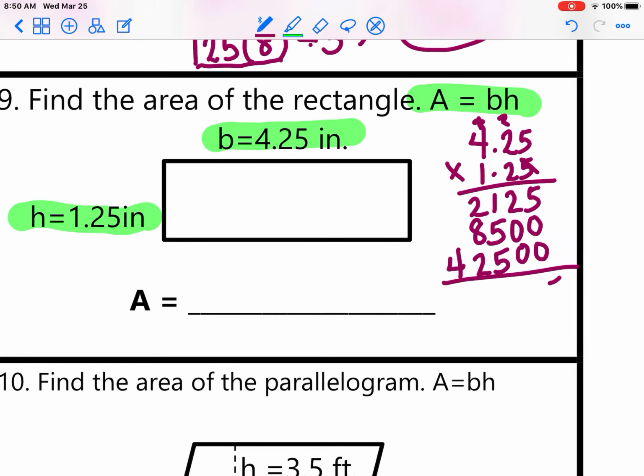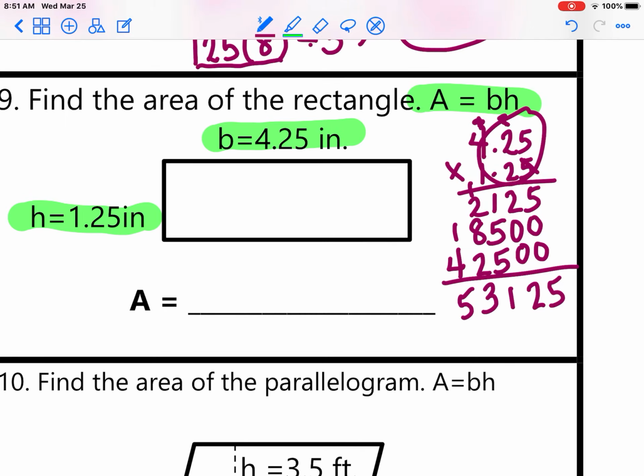All right, so we got 5 plus 0 plus 0, that's 5. 2 plus 0 plus 0, that's 2. 1 plus 5 is 6, plus 5 is 11. And now 3 plus 8, I'm sorry, I have to do this backwards. That's 10, that's 13, that's 5. Now, I got to go back and account for my decimals.